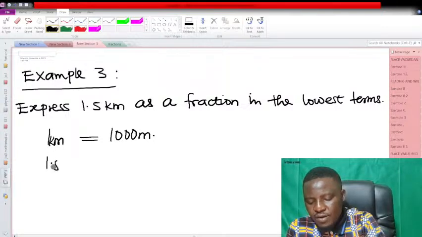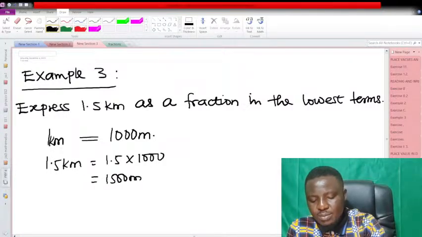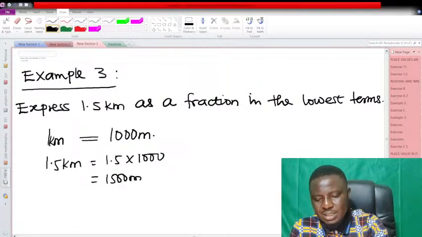So 1.5 kilometer will be equal to 1.5 times 1,000, which is equal to 1,500 meters. We have to express 1.5 kilometer as a fraction in the lowest term.